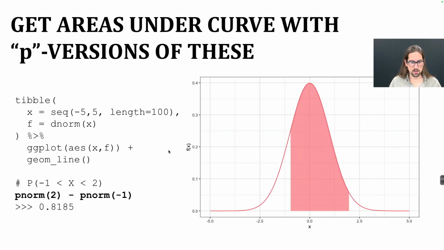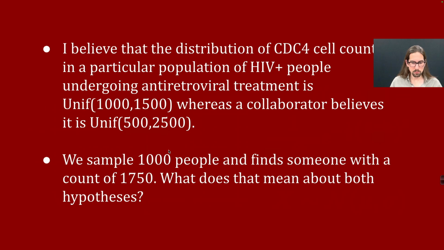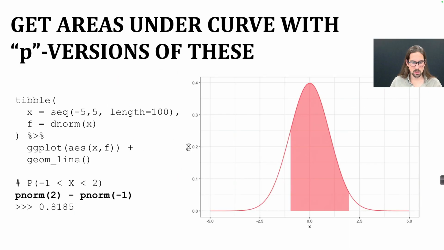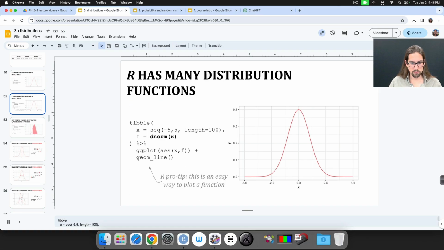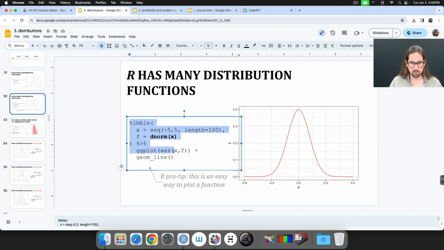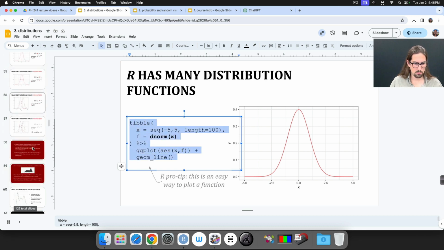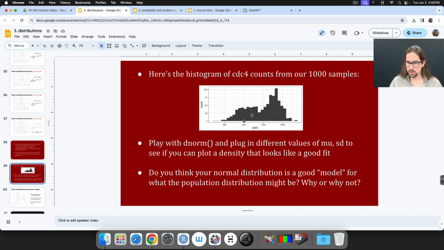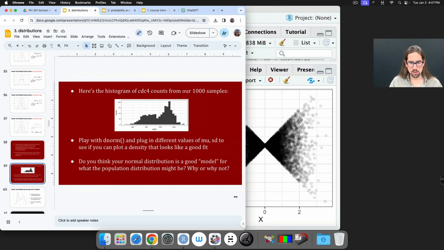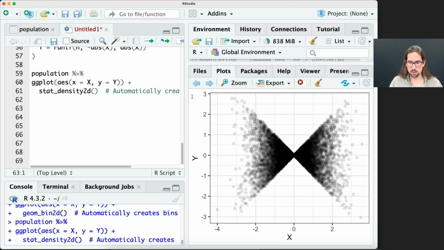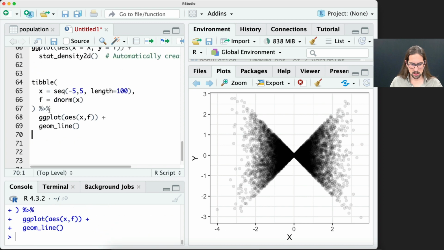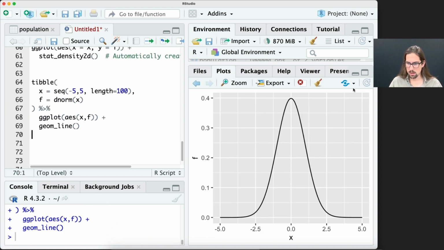So let's just solve this problem. Let's just copy my code here. Okay, so we want a density that looks roughly like that. So if we just run this, we get the kind of bell curve that we expect.